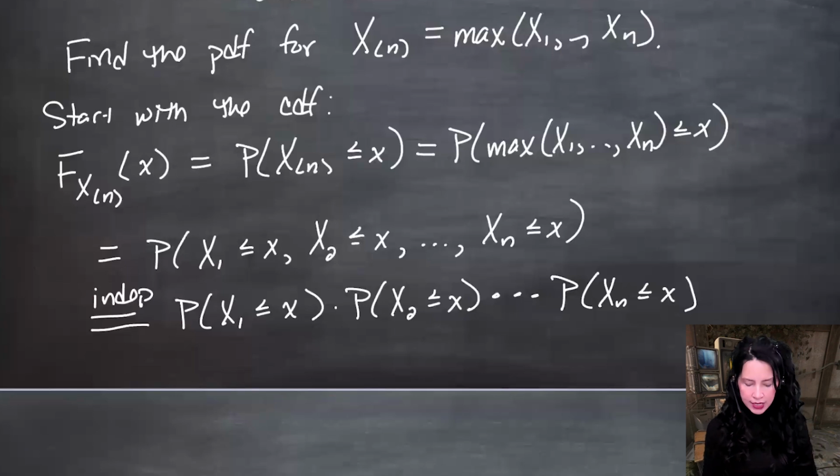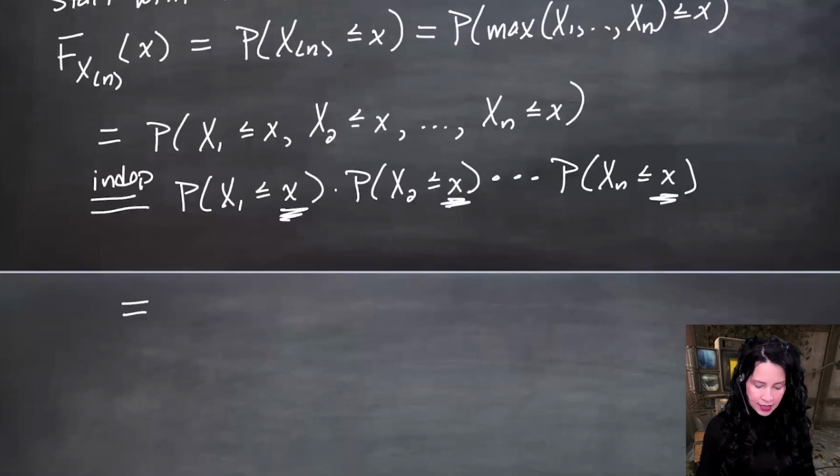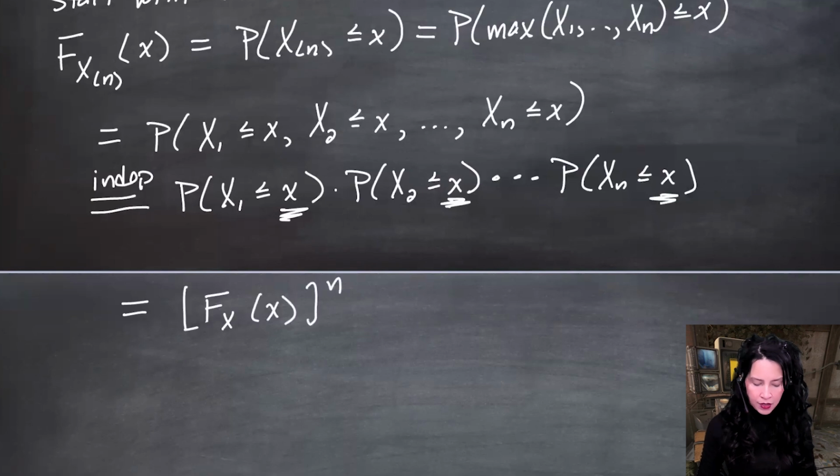And then each one of these is the CDF for X. They're all evaluated at the same place, so these terms are all identical. What we have here is the CDF for the original distribution, to the nth power. So to get the PDF for the maximum, we would take derivatives.